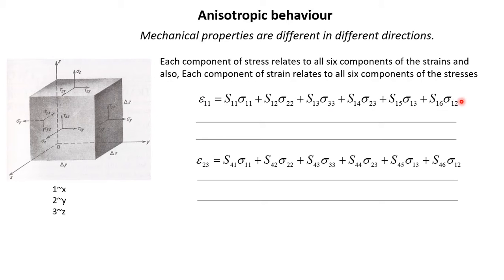So this is the conventional way of writing these equations. So epsilon 1, which is basically epsilon xx, will be given by this equation where S represents compliance. So S11, S12, S13, S14, these are all the compliance constants.